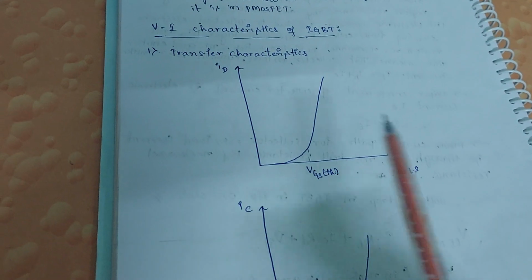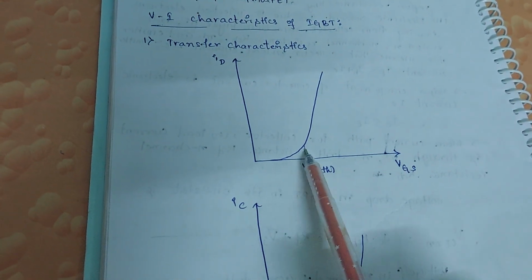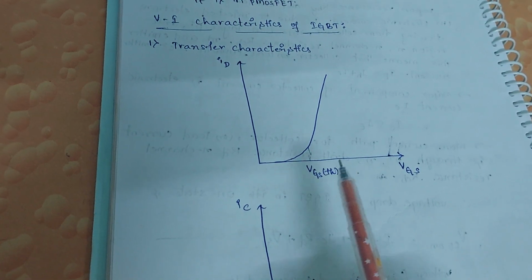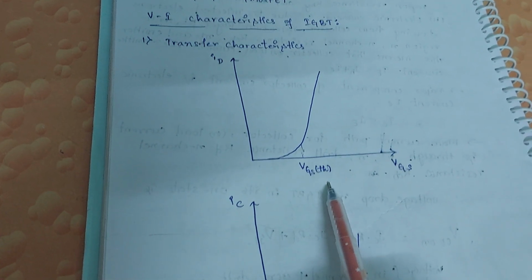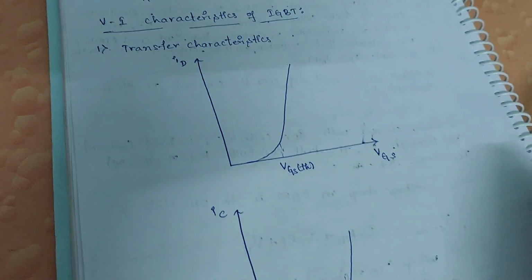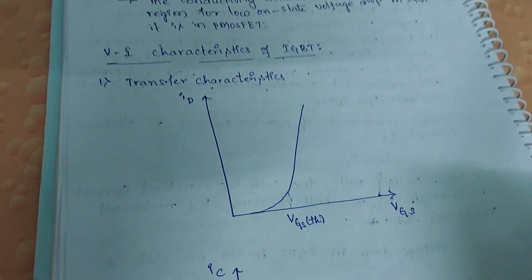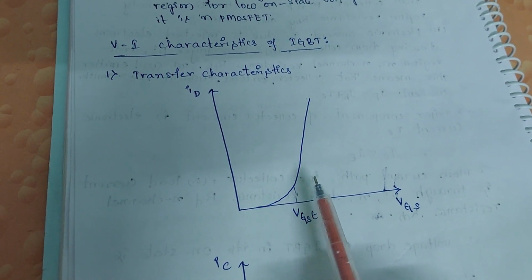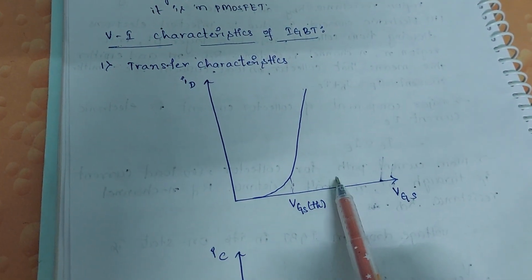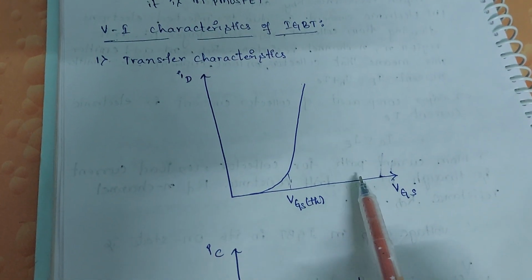transfer characteristics. To some extent they are non-linear, and after application of the threshold gate to source voltage, they become linear. Now coming to this transfer characteristics, ID versus VGS is explained for an N channel type of IGBT.